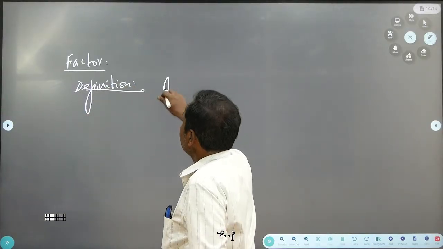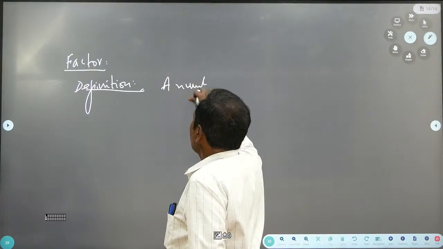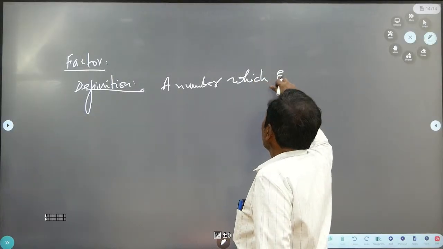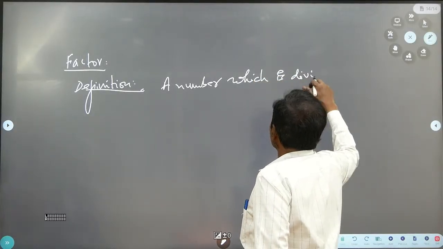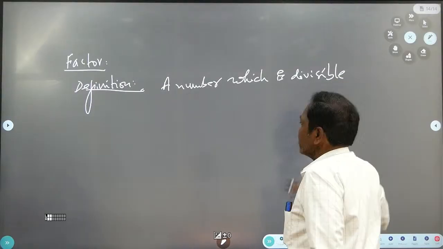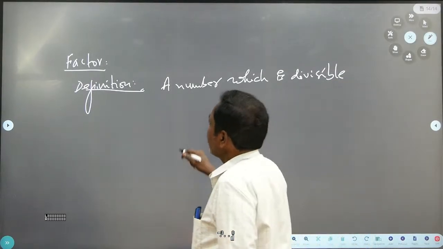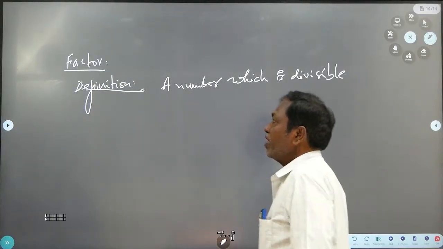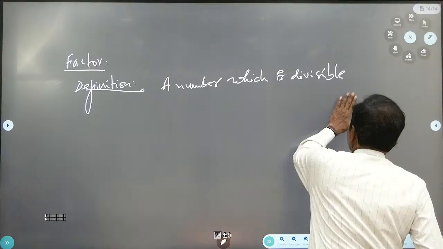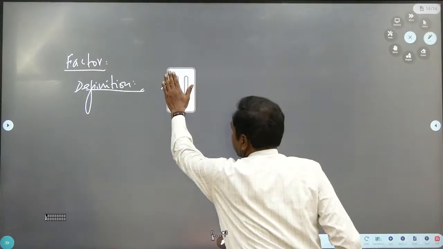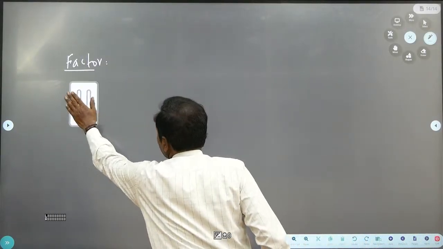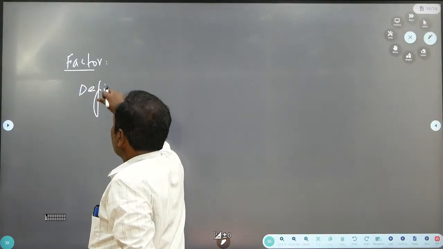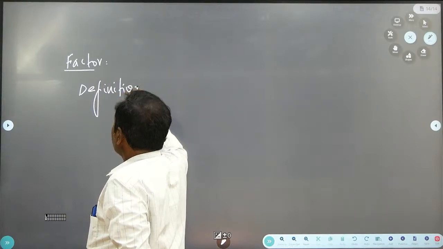A number which is divisible by... a number which is divisible. No, it's not correct. A number that can divide. Yes. Right. So definition.